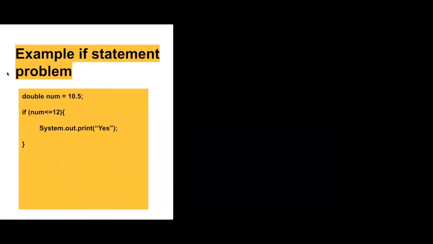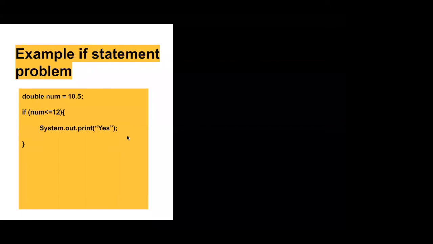Okay, so we have an example of an if else statement. The first one is just an if statement. First, we declare double num and initialize it to 10.5. Then we check the condition. If num is less than or equal to 12, so 10.5 is less than 12, so we execute the body part of the if statement.